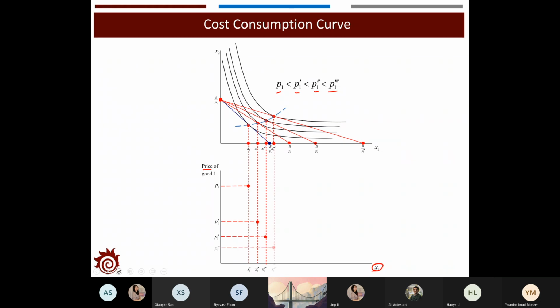You can then draw this cost consumption curve, and this is the one we use to identify the optimal assignment for the values of different products within the budget.